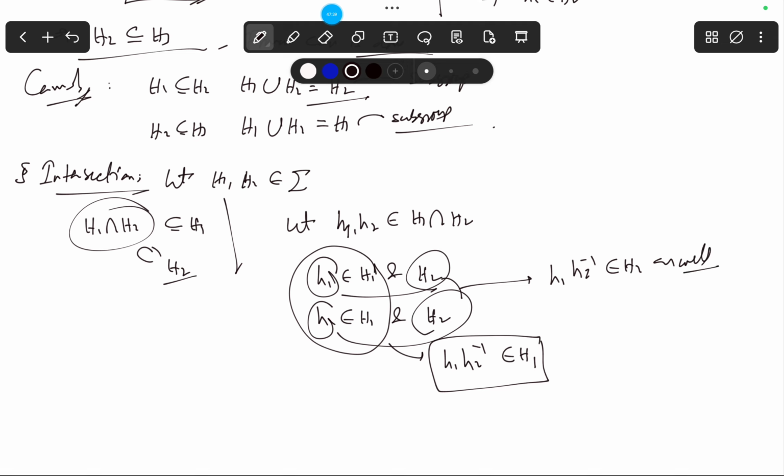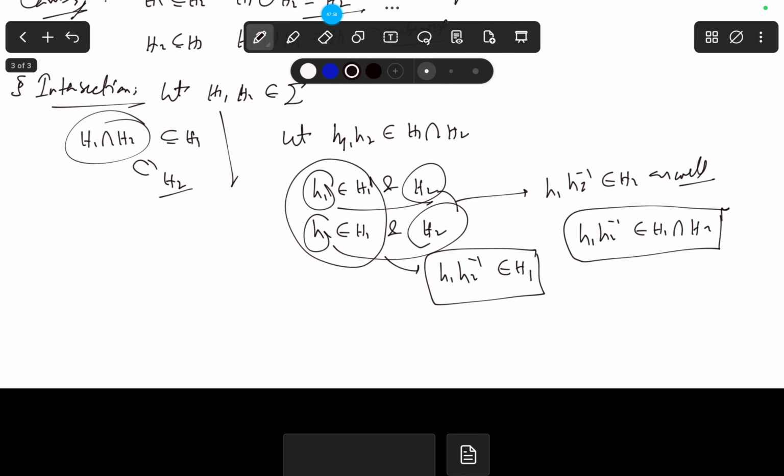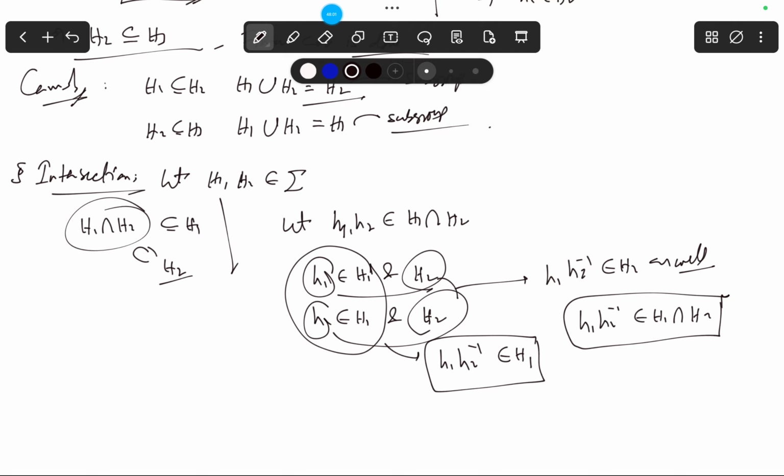So first you look at these two elements in H1, then at these two elements in H2, and then take the product of h1 and the inverse of h2. That means h1 h2 inverse is in H1 intersection H2, so it is closed under this operation. This will imply that H1 intersection H2 is a subgroup.